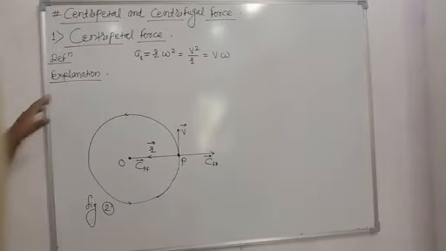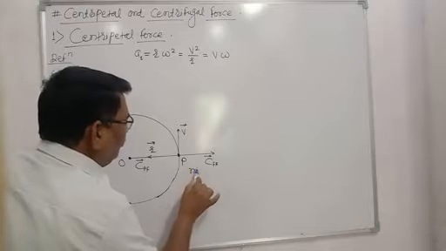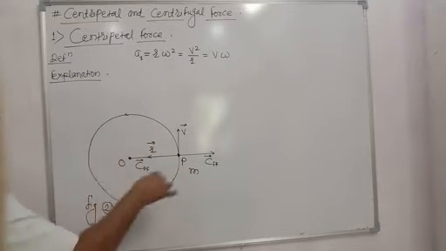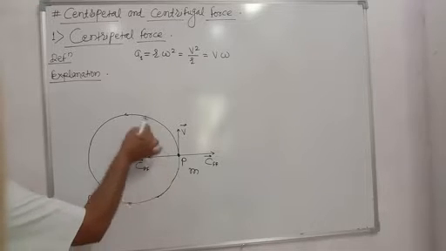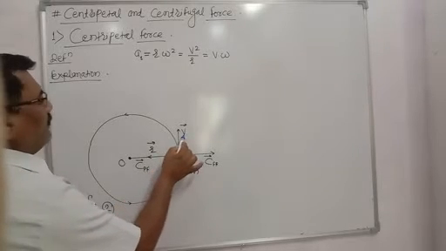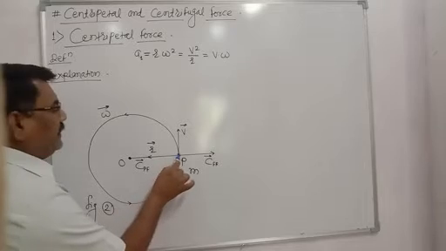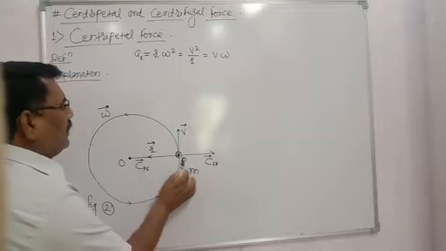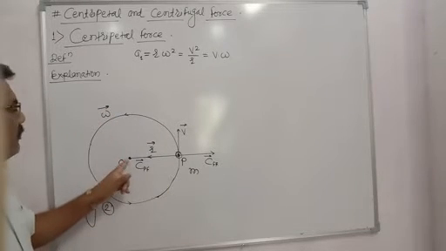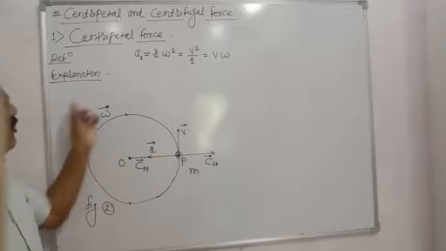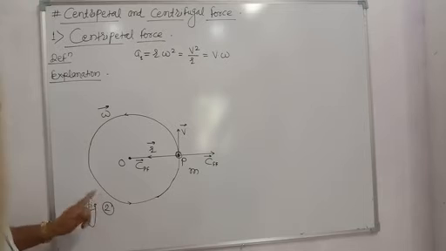Now let us see the explanation. Let us consider a particle of mass m performing uniform circular motion along the circumference of a circle of center O and radius R in anti-clockwise direction with linear velocity v and angular velocity omega as shown in figure 2.